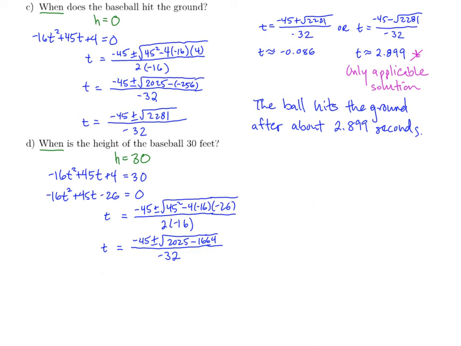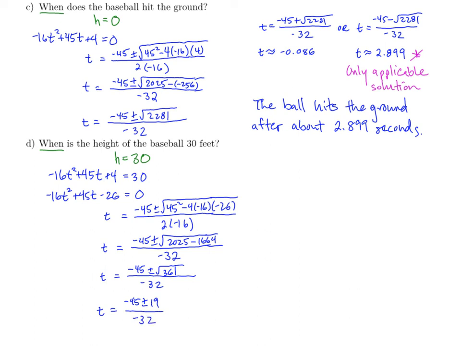Simplifying this one step further, I'll find that t is then equal to negative 45 plus or minus the square root of 361, all divided by negative 32. Now, the square root of 361 is actually a perfect square. So this will simplify then to t equals negative 45 plus or minus 19, and that's all over negative 32.